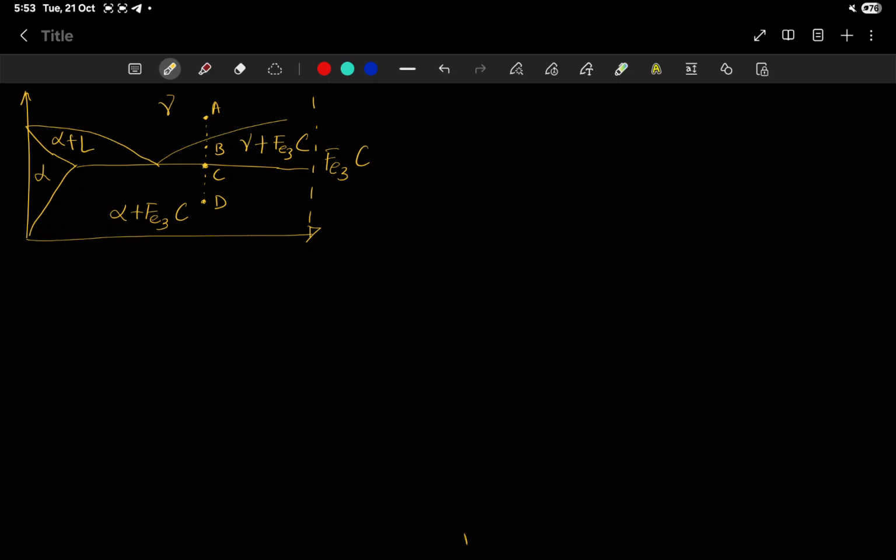So now let's try to make the microstructure for point A. You can see this is the austenite region, so we will get a similar microstructure as we discussed earlier. Draw a circle, cut it in 3 parts, and just draw the horizontal and vertical lines. These are the differently oriented crystals which form grains.